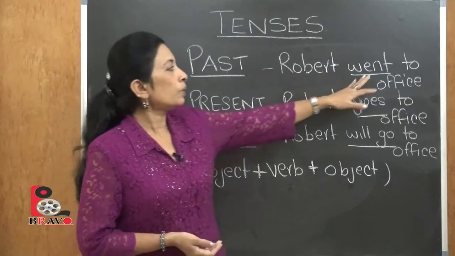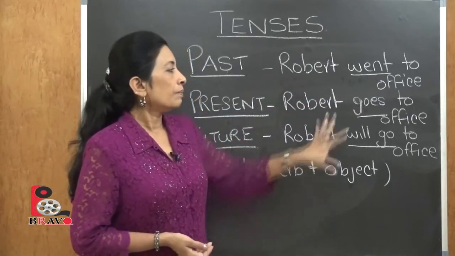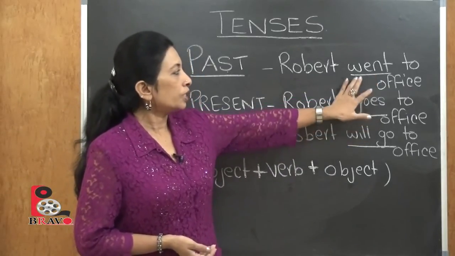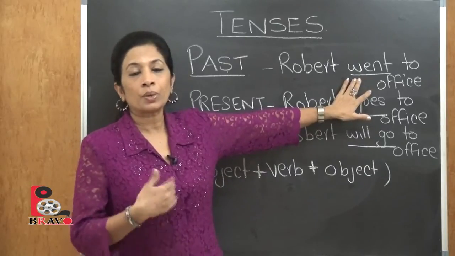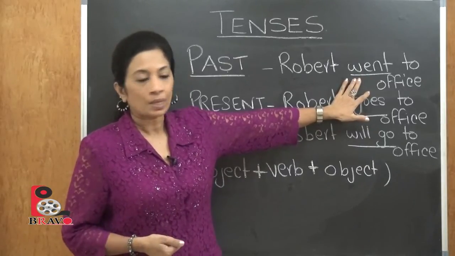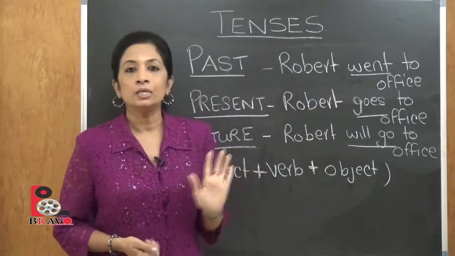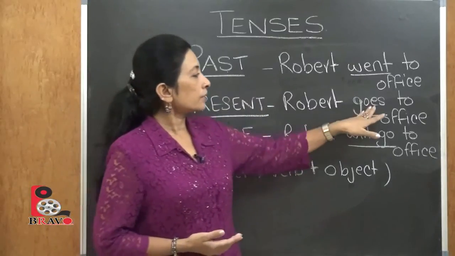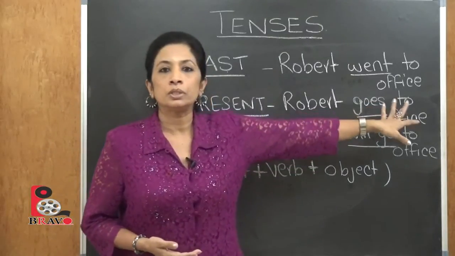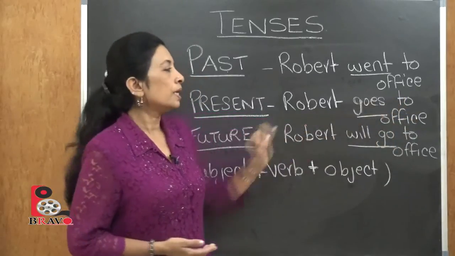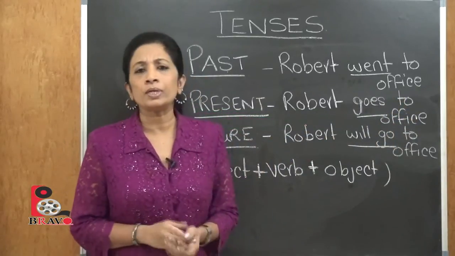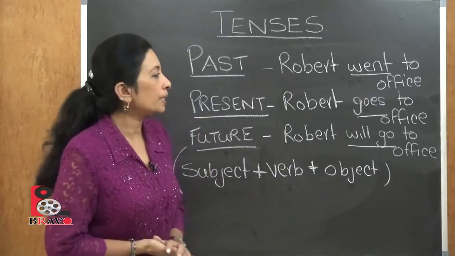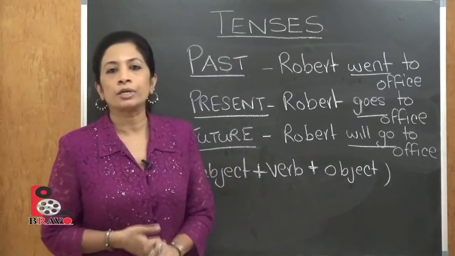So here Robert went to office, because the word go will change to went when it becomes a past tense, because it's something that has happened, so it will change. And you may ask, why doesn't it go as goed, G-O-E-D? No, it doesn't. So we're going to take about 50 to 60 common words that change according to the tense.